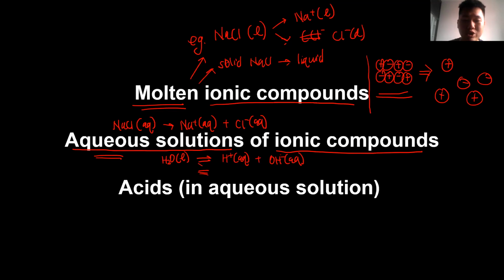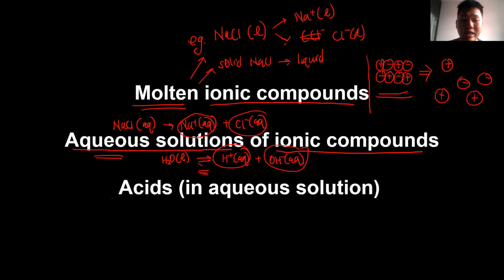So in the aqueous solution of an ionic compound, we actually have four ions: Na+, Cl-, H+ and OH-. These ions together help to conduct electricity in the electrolyte. So it fulfills the criteria of having mobile ions.